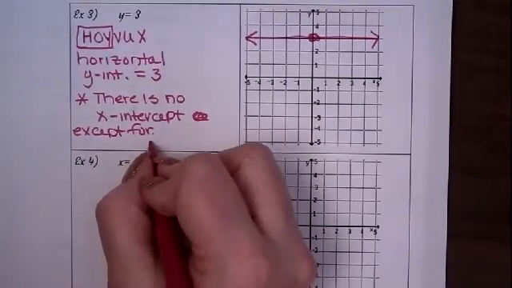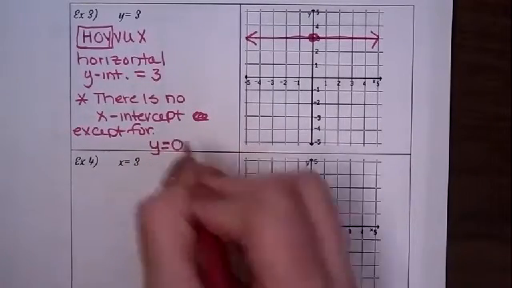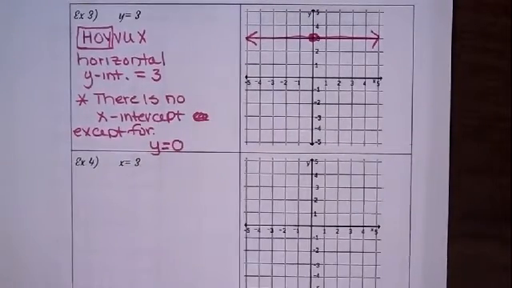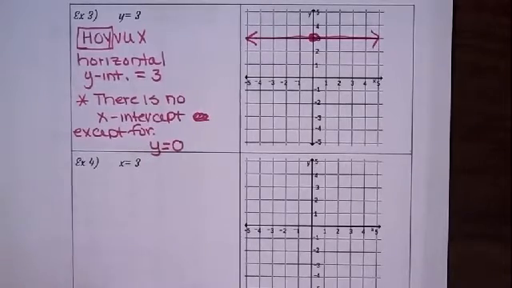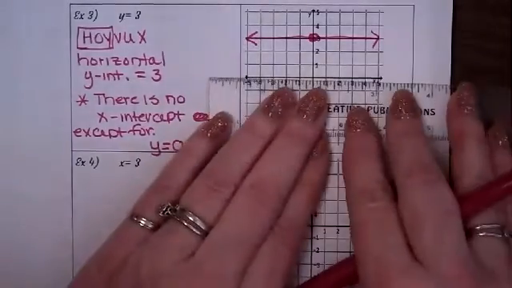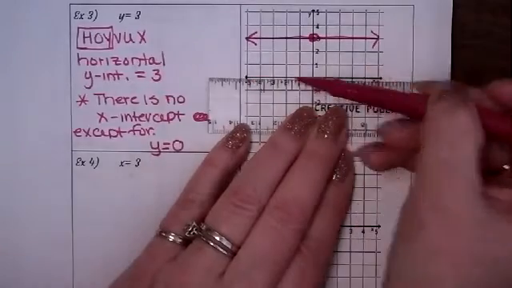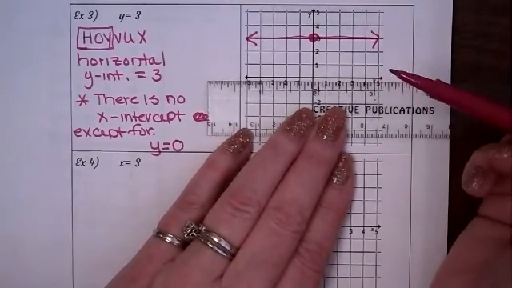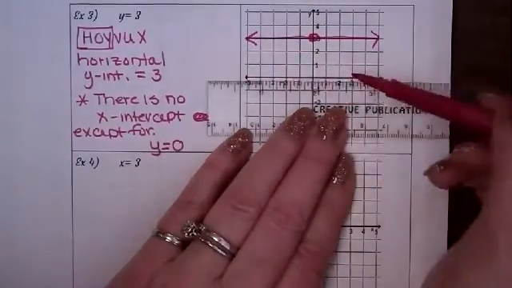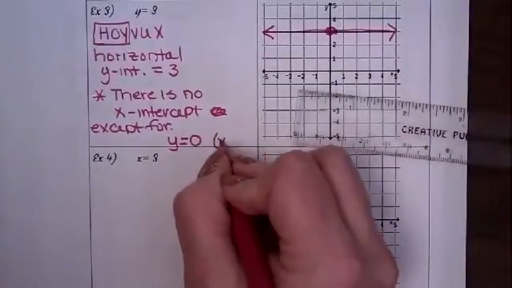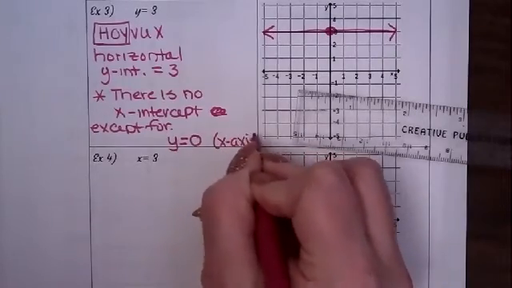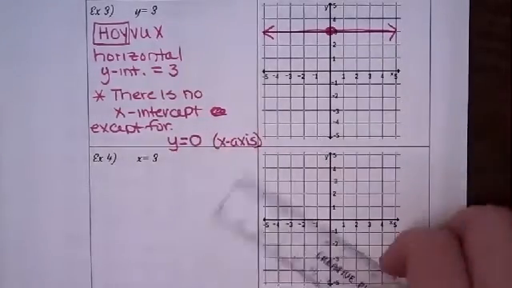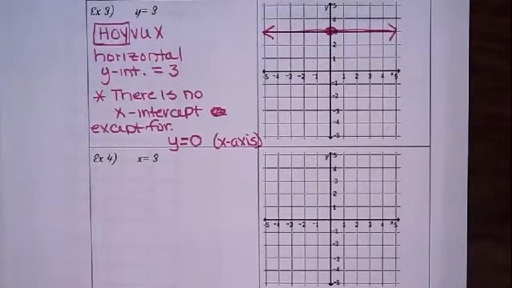If I have the line y equals 0, that means my line is going to be right here on the y-axis. I'm sorry, the line y equals 0, let me say that correctly, is actually the same as the x-axis, which means every point on the x-axis is an x-intercept.